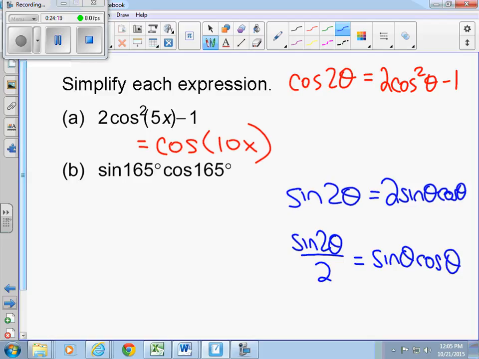Alright, so let's look. What is our theta? 165 degrees. So what's 2 times 165 degrees? 330. Sine 330.